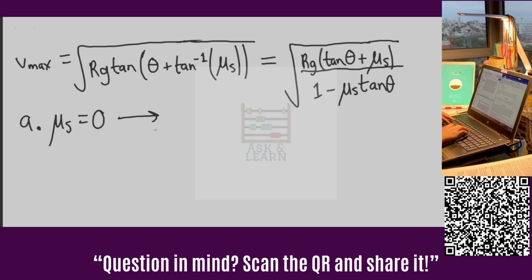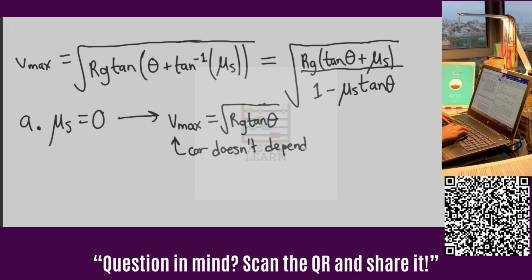If we're setting mu s to 0, we can say that v max would then be equal to the square root of rg tangent of theta. Again, this is for if we don't want the car to depend on mu s to keep from slipping.